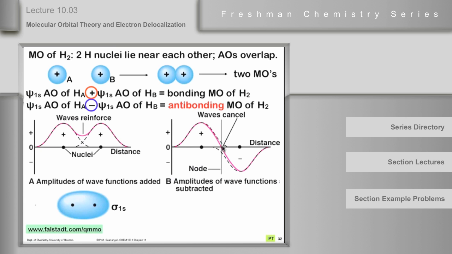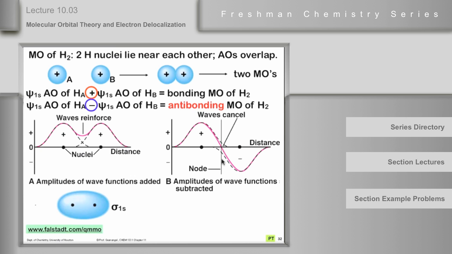This is just the same thing that we saw for wave cancellation. We had wave reinforcement, wave cancellation. This is wave cancellation in the middle. So in this molecular orbital, we have what's called antibonding characteristic. That's new, isn't it? Probably you haven't heard that.